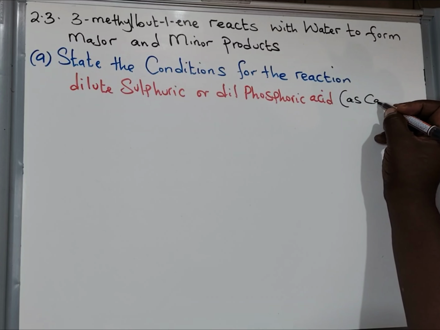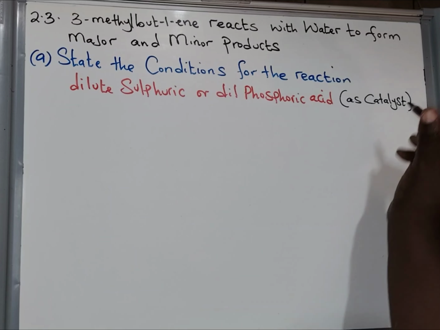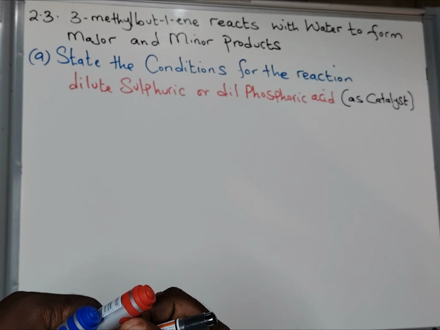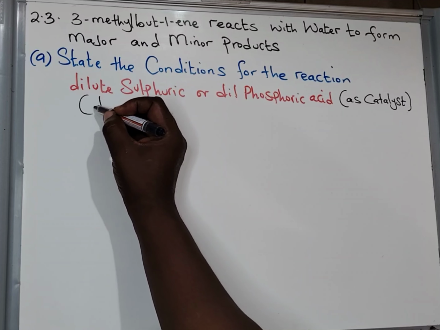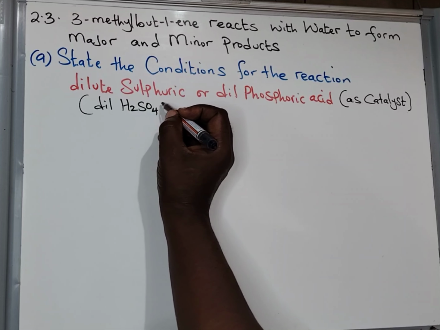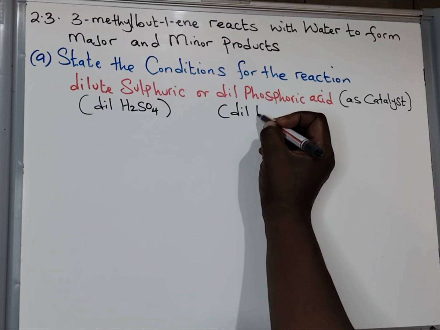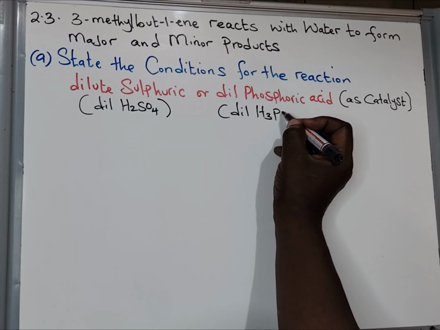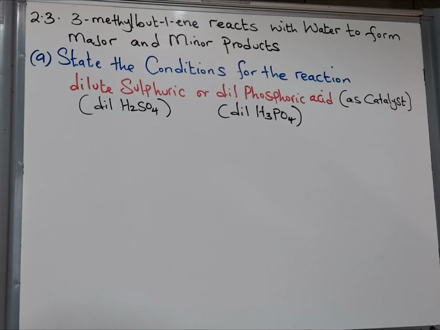As catalyst. Okay, you have to know that for dilute sulfuric acid, it's going to be dilute H2SO4. Or here it can be dilute H3PO4. Yes, those are the formulas of sulfuric acid and phosphoric acid.